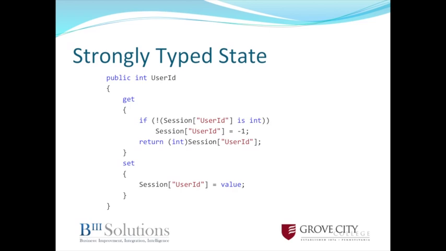You can see that in the getter, it automatically checks whether the user ID is actually set in the session, and it also auto-casts that variable to an integer. In our setter, we simply set the variable into the session. If we wanted to, we could also do some checking in there if we wanted to only allow certain values into the session.